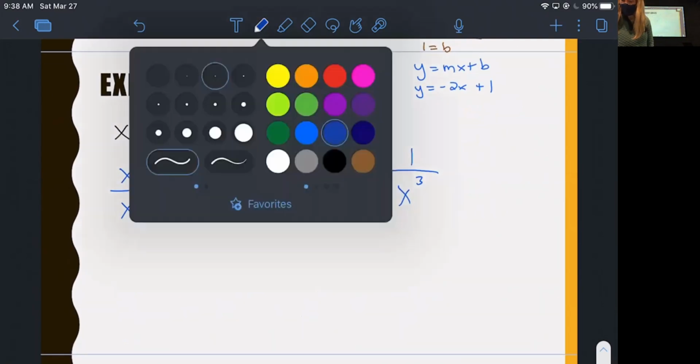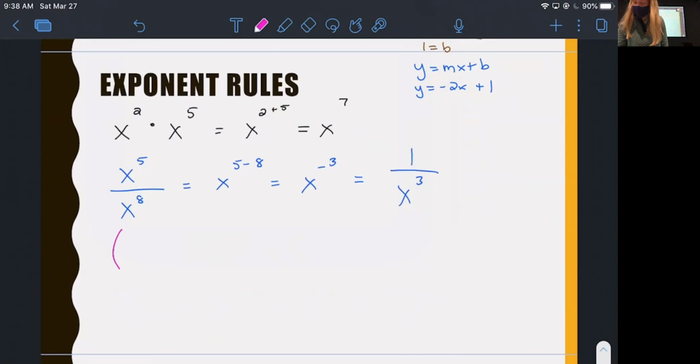And then one more rule. Let's say we have 3x squared y to the 4th raised to the 4th power. What happens if you have an exponential expression raised to an exponent? What do you do with that exponent on the outside? Yep, you multiply it in, so you can distribute it in.